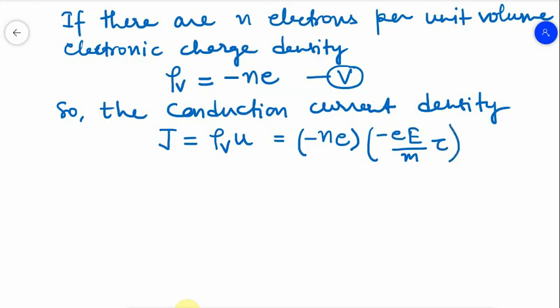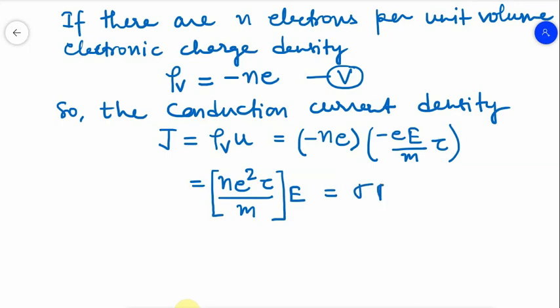So this is given by, minus minus plus, n e square tau upon m into E, and this term is represented by sigma. So J equals sigma into E.